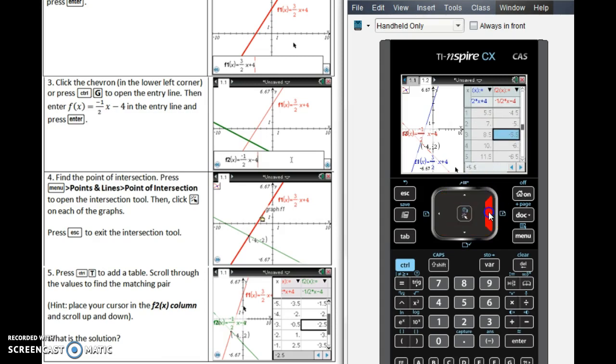This column and this column should have the same values. Oh, I almost passed it. They almost had the same, but they didn't there. There it is. You can see when x is -4, the first function's y value is -2, and the second function's y value is -2. So this is the solution to the system using the table.